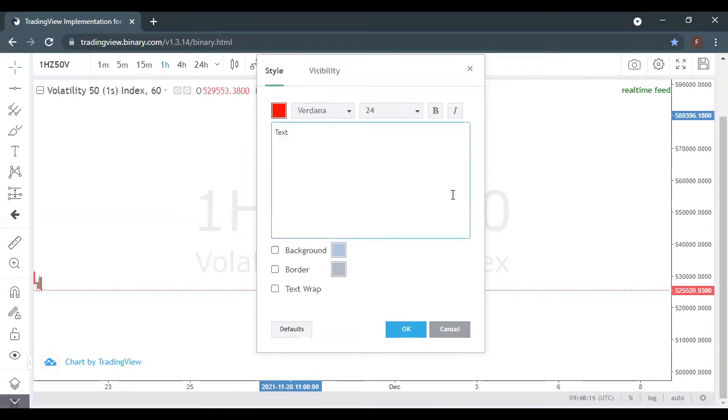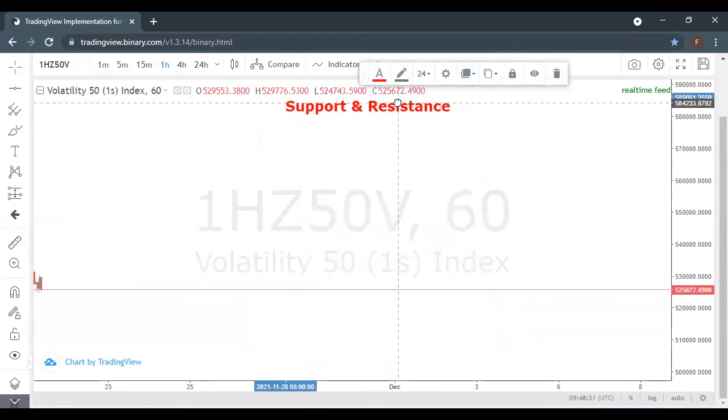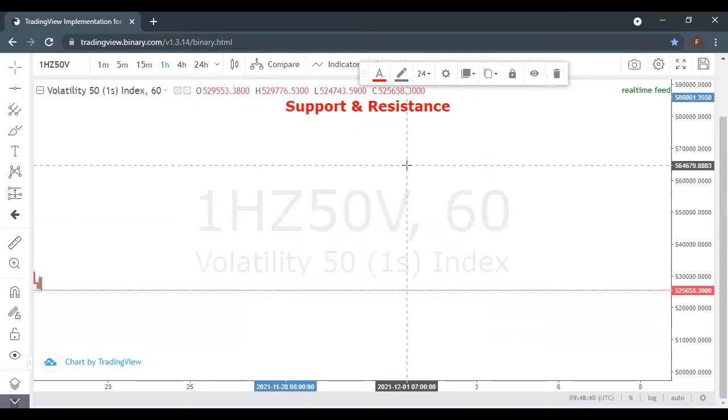Today's topic is support and resistance. Let's make this bold. Okay, perfect. Let's start by defining resistance. What is resistance in forex trading?